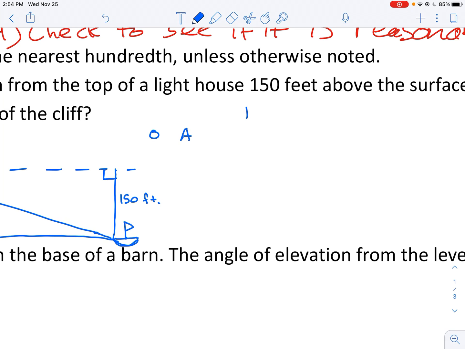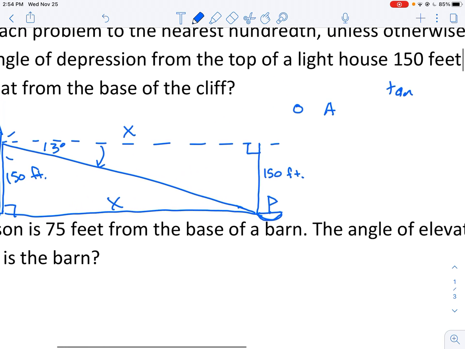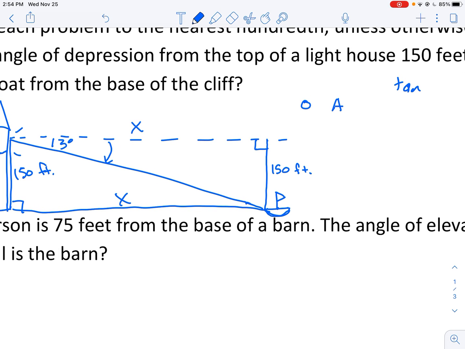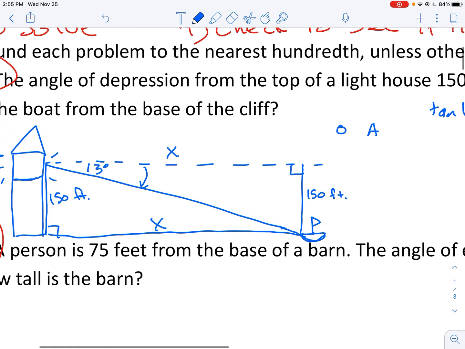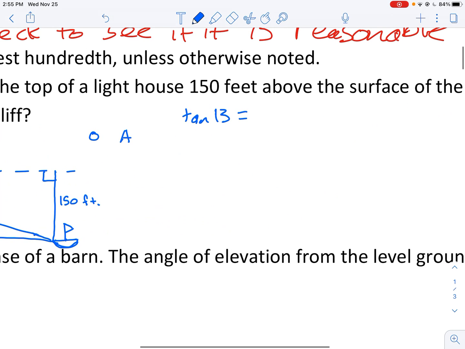I like using tangent because all the calculators have tangent, and cotangent is only on some of them. So I have to do tangent of my angle, 13 degrees, and that's going to equal my opposite length, which is 150, over my adjacent length, which is x. So it equals 150 over x.